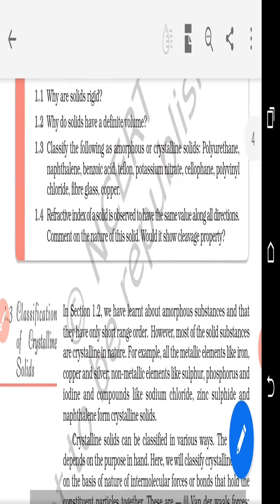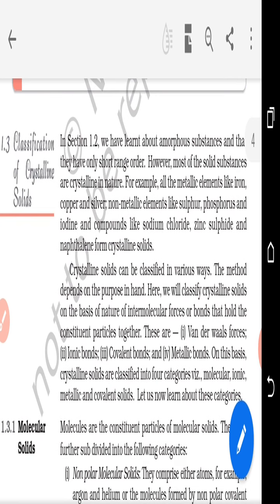Now, the classification of crystalline solids. The crystalline solids can be classified on the basis of nature of intermolecular forces or bonds that hold the constituent particles together.